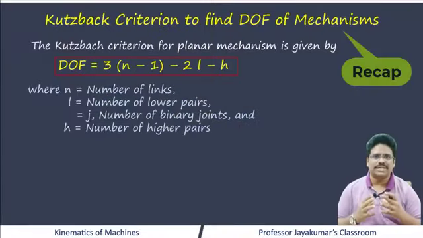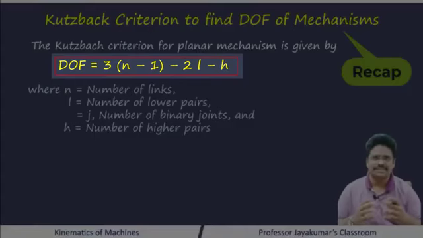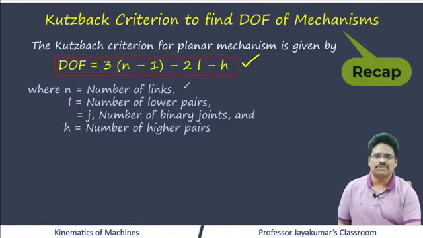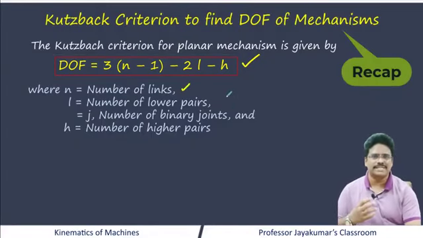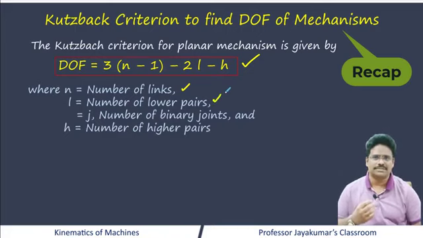In order to determine degrees of freedom of planar mechanisms, we are going to use Kutzbach criterion, which says that degrees of freedom is equal to 3 times (n minus 1) minus 2L minus H, where n is the number of links of the given mechanism, and L is the number of lower pairs.